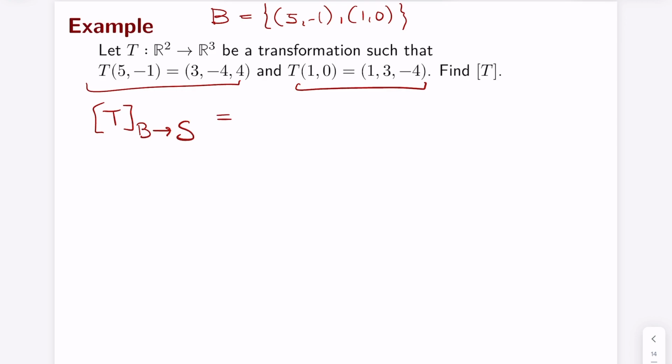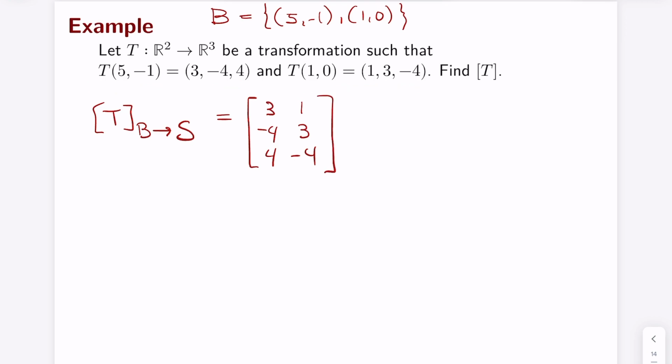So we can put right away that this matrix is just these as vectors, (3, -4, 4) and (1, 3, -4). So by reading the data in this way, we have a way to write right away the matrix associated to the transformation from B to the standard.